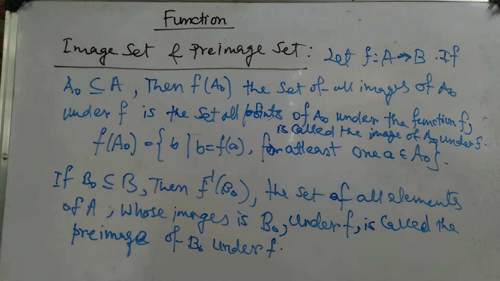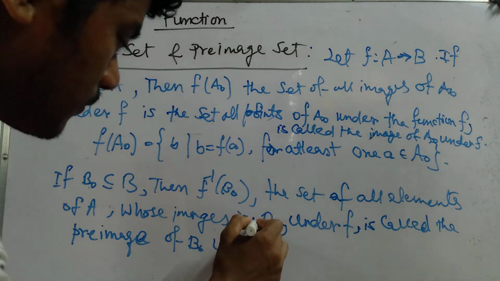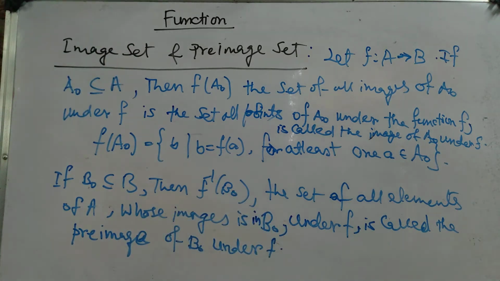And if B0 is a subset of B, then f inverse of B0 is the set of all elements of A whose images under f lie in B0, which is called the pre-image of B0 under f.